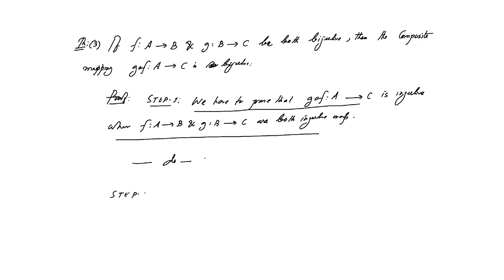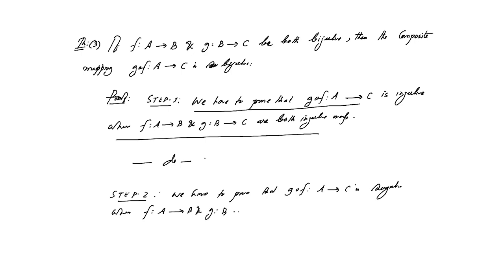Next, step 2, we have to prove that g composed f: A to C is surjective, where f: A to B and g: B to C both are surjective.